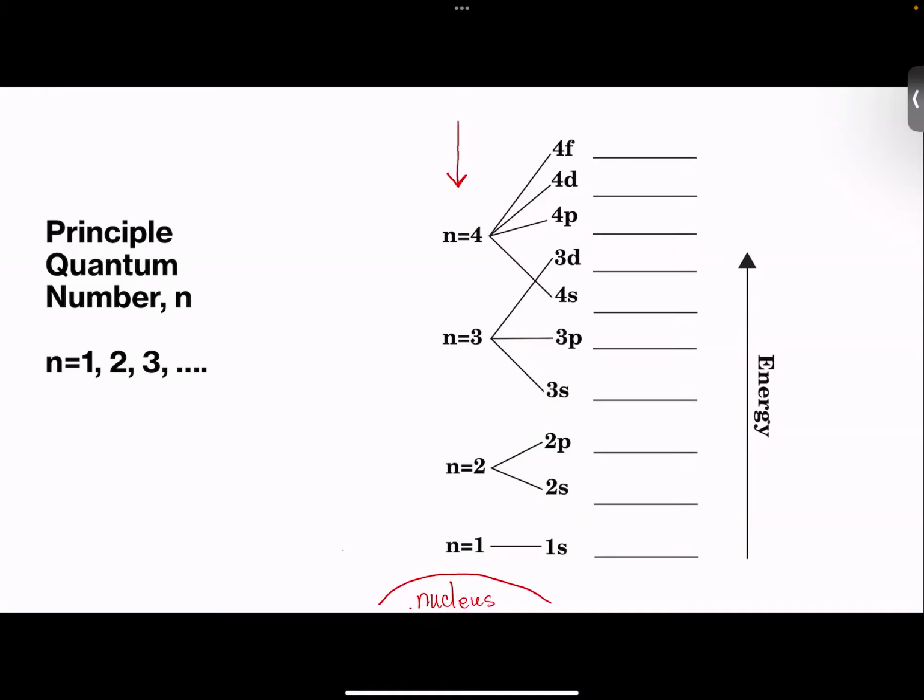Is it right against the nucleus? If so, that's why n is equal to 1. Is it in the second shell away from the nucleus? Is it in the third shell or the fourth shell away from the nucleus? How far away from the nucleus does that electron reside?